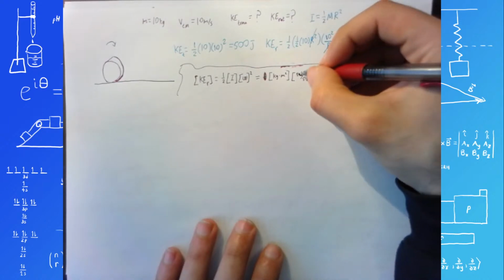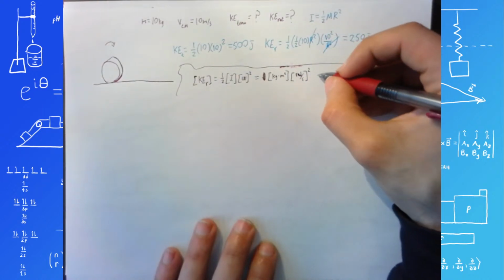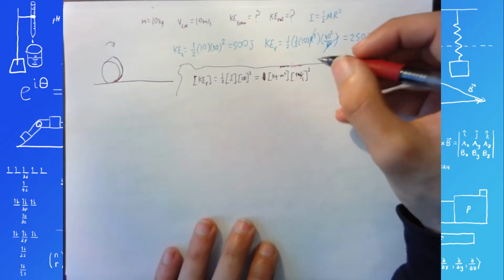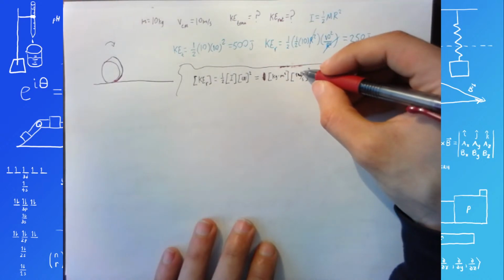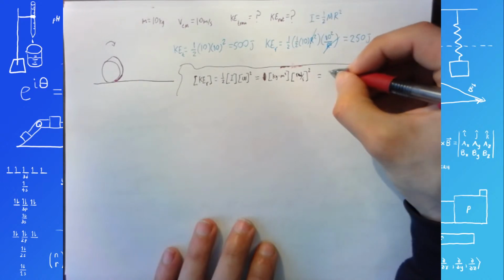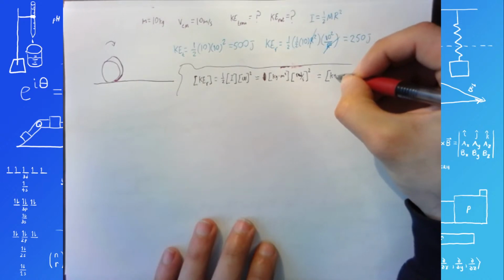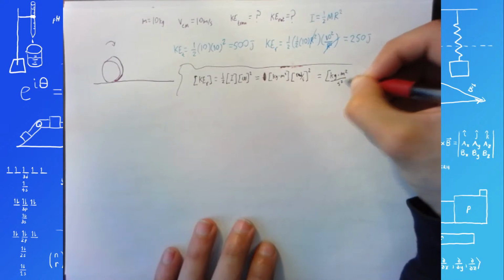Basically, you could treat it as just a 1 over here. Replace radians with the number 1 if you want. And we get kilogram meters squared times 1 over seconds squared. So we get kilogram meters squared per second squared.